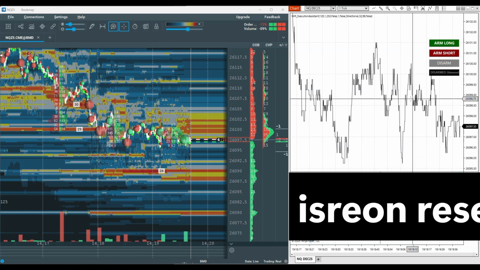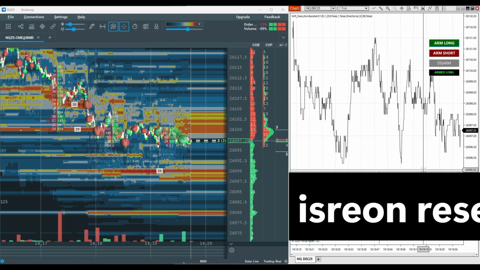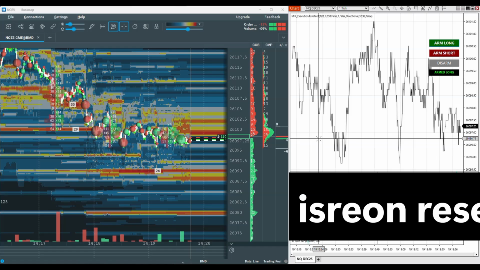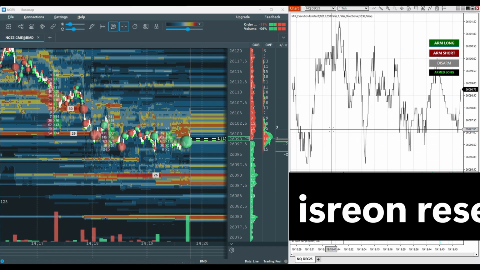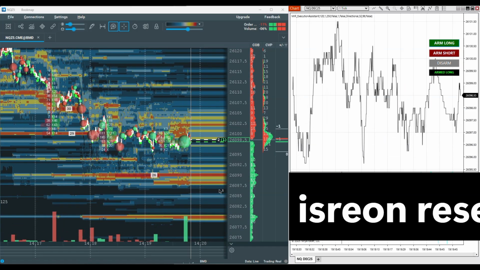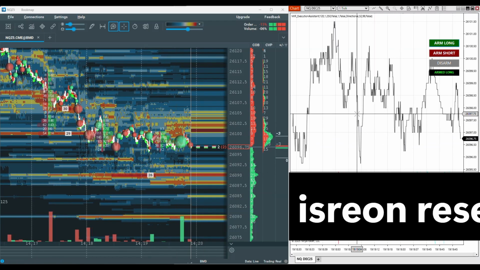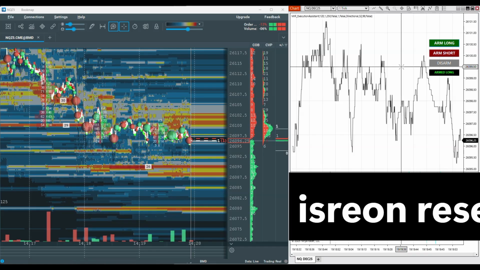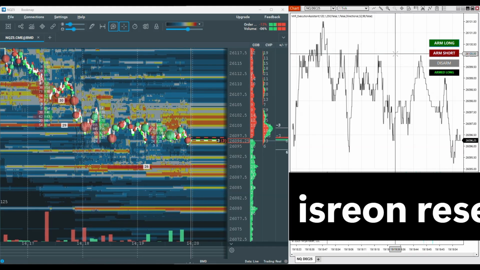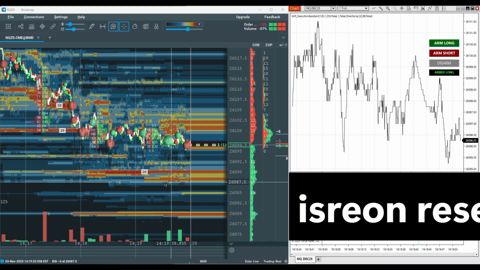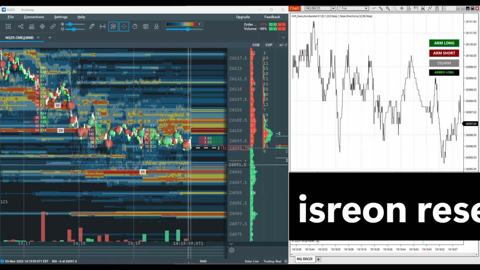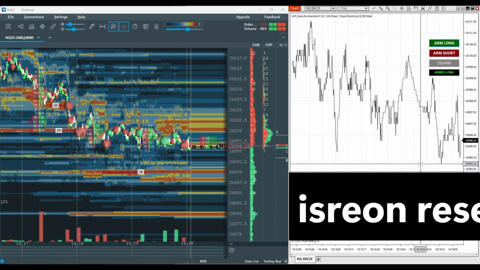So if we do get a trade signal, there's a very high likelihood that we will bounce from there and we'll move in a long direction for a short period of time. You don't know how far it's going to go, but you can predict the short-term movement with a higher probability.